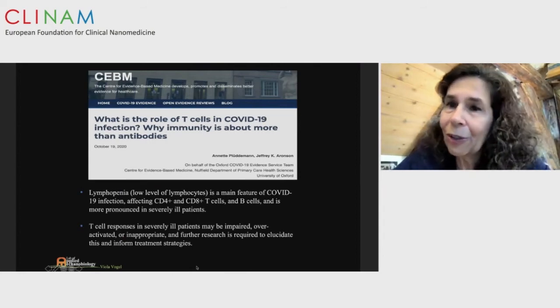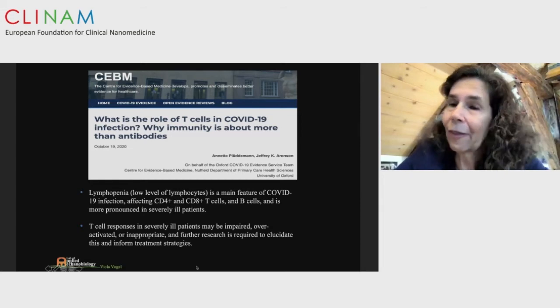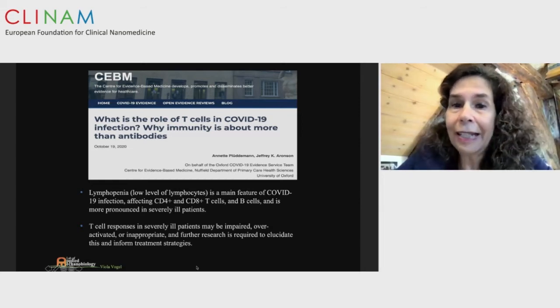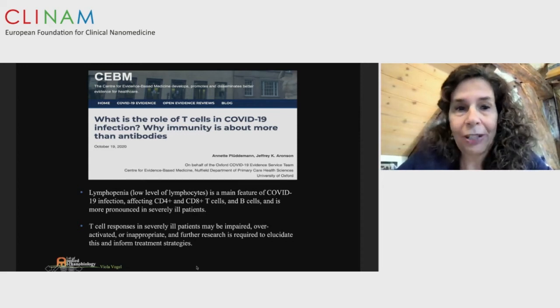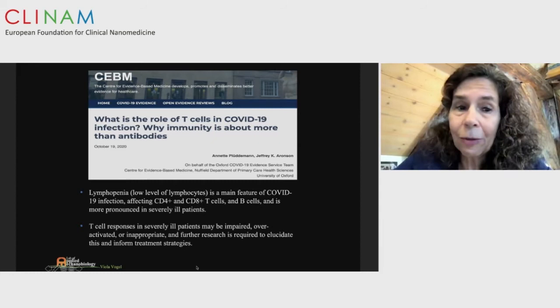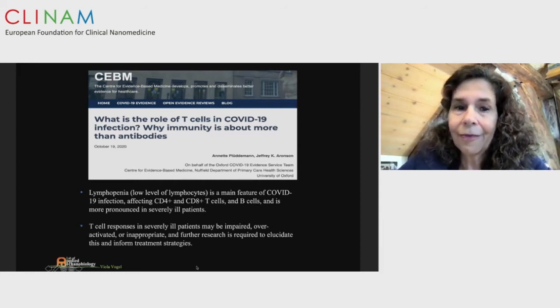And what is important to notice is that lymphopenia, and that is low levels of lymphocytes, is a main feature of COVID-19 infection, affecting CD4 and CD8 plus T cells, B cells, and it is much more pronounced in severely ill patients.